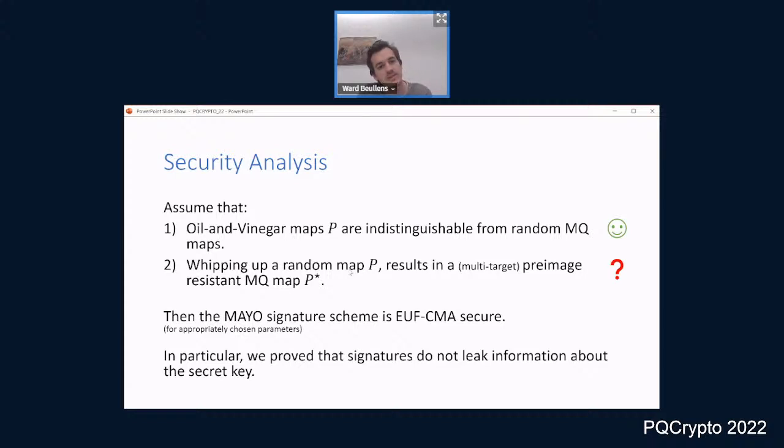So that's another nice property of Mayo. And it's also nice from a practical point of view because you'll never have to try again with a different choice of V, which means that the running time of your signing algorithm is constant. Instead of for oil and vinegar, you have a lot of variability because sometimes you have to start over.